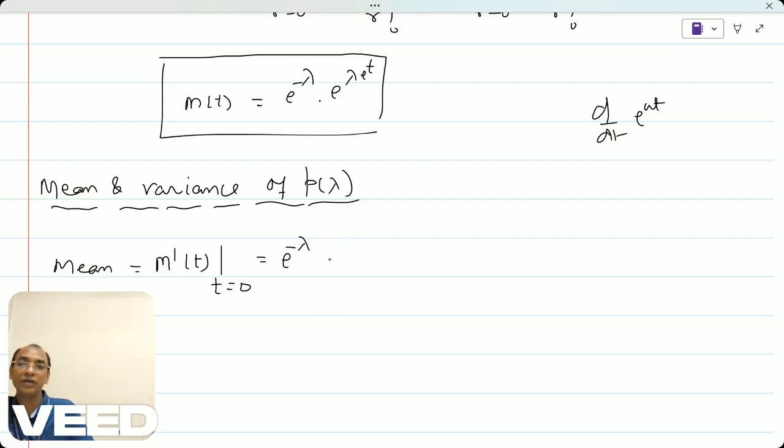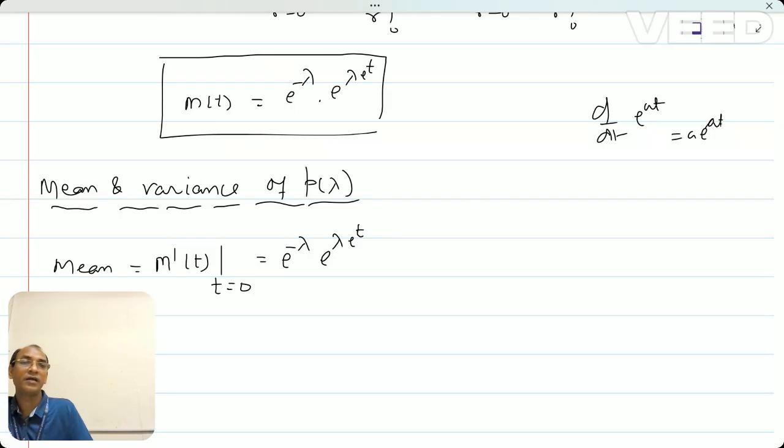In a similar way I can have e to the power lambda into e to the power t, so this is a into e to the power at. So e to the power at into e to the power lambda e^t into a. A means lambda e to the power t. What is the derivative of that one again? Lambda into e to the power t.